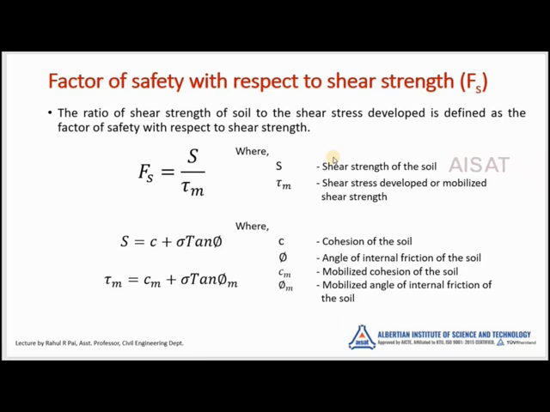So when this shear strength value is greater than the shear stress developed, or you can say the mobilized shear stress in that particular failure zone, then you can say that the slope is safe.